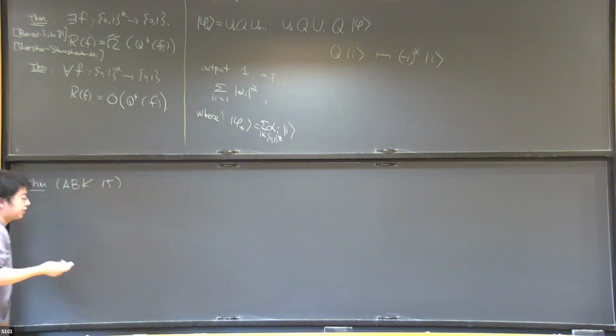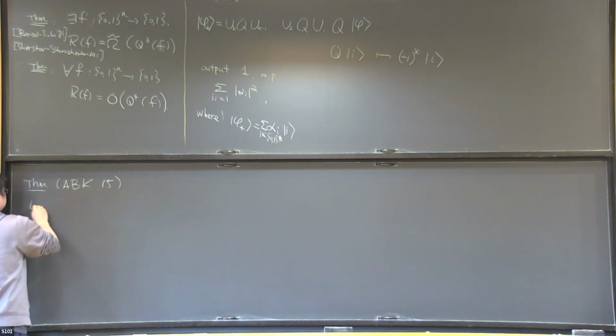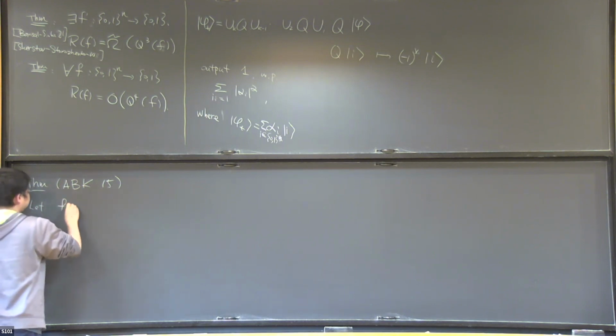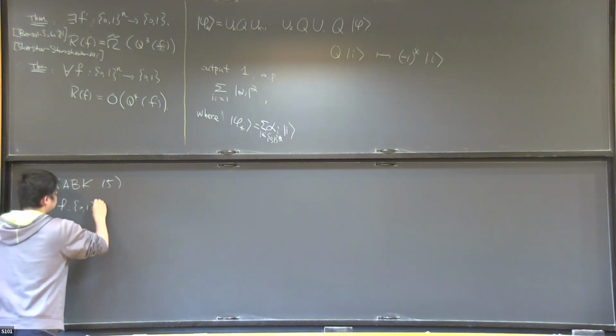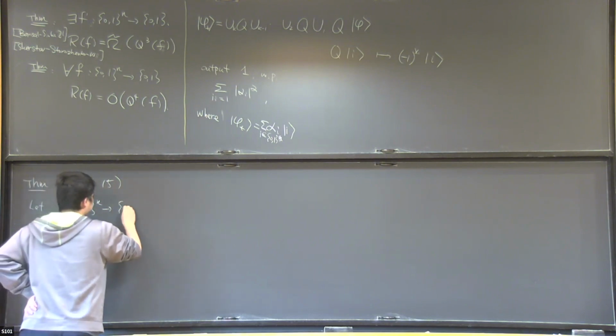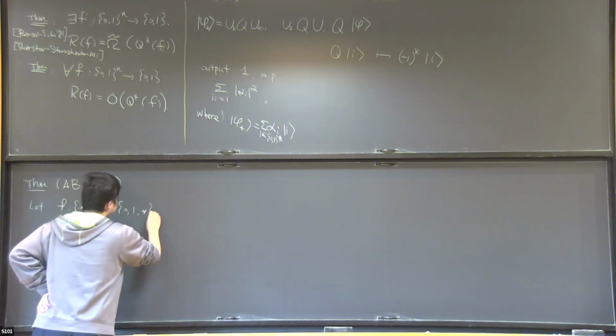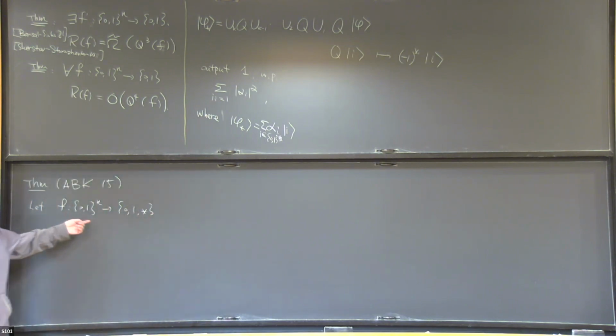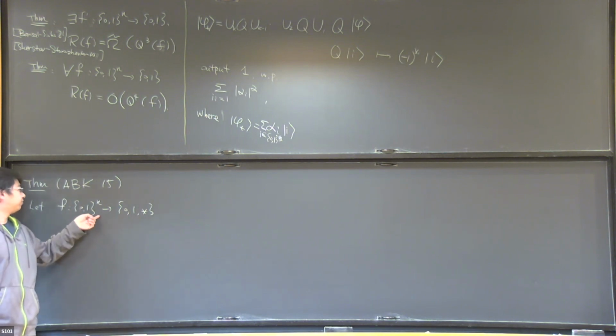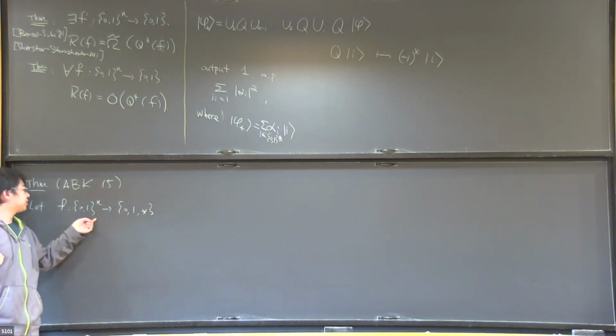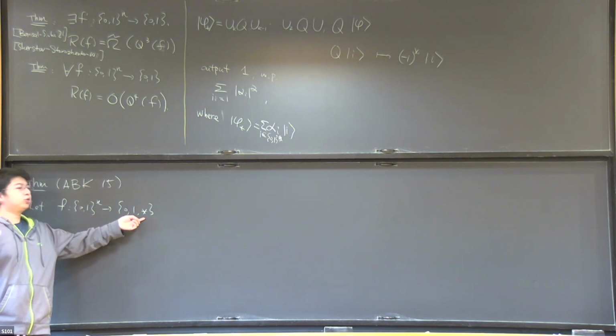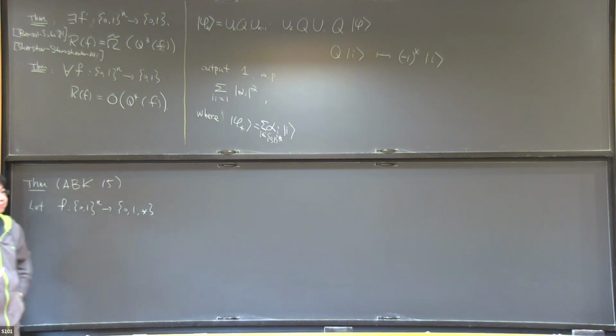It says that as long as you have a partial function, by which I mean a function that is not defined on the entire Boolean cube, so on some inputs the output is not specified, then your algorithm can take advantage of this and output whatever you like.